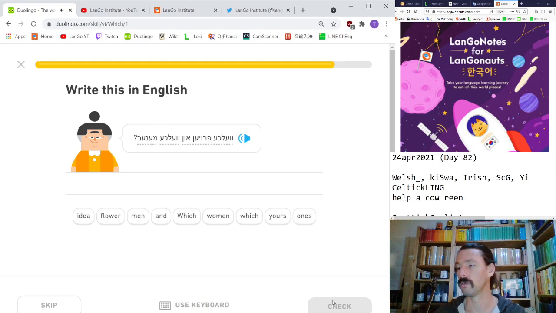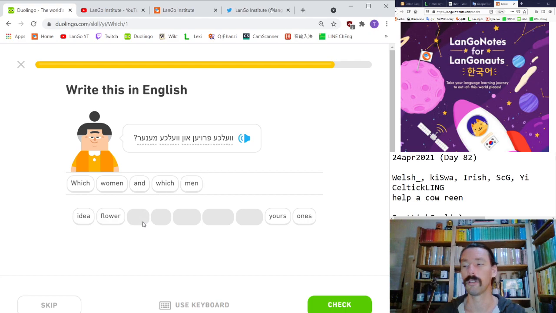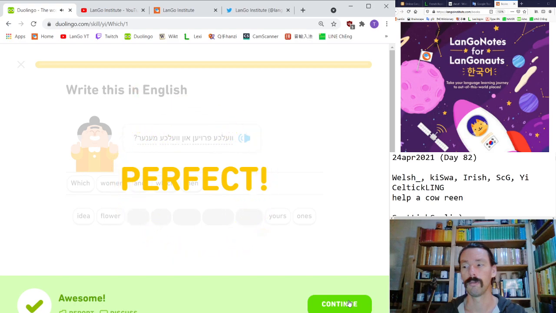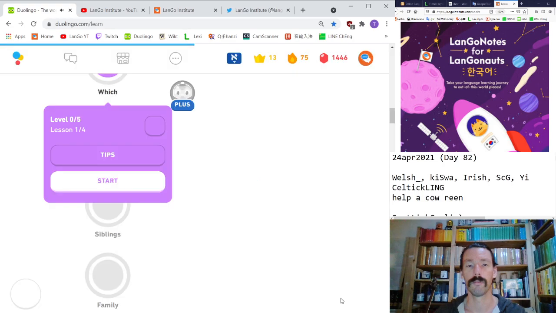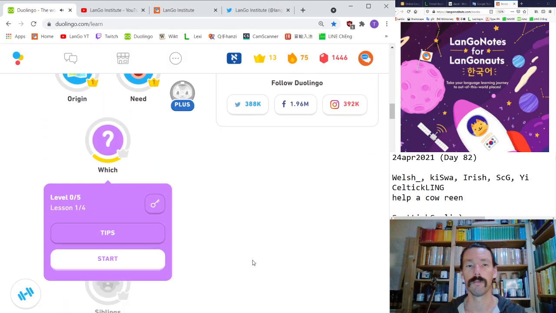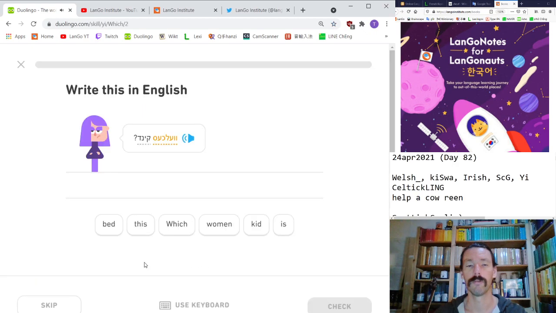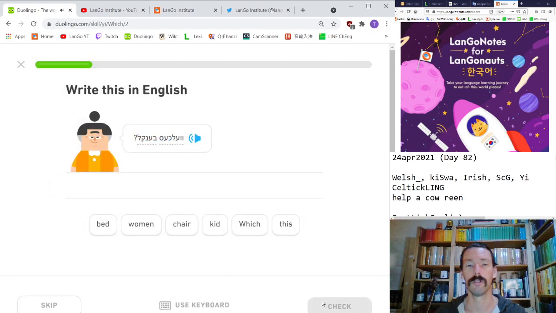Welke vrouwen en welke mannen? Okay. Which man? Welges kind? Which kid? Welches Benkel? Which chair?